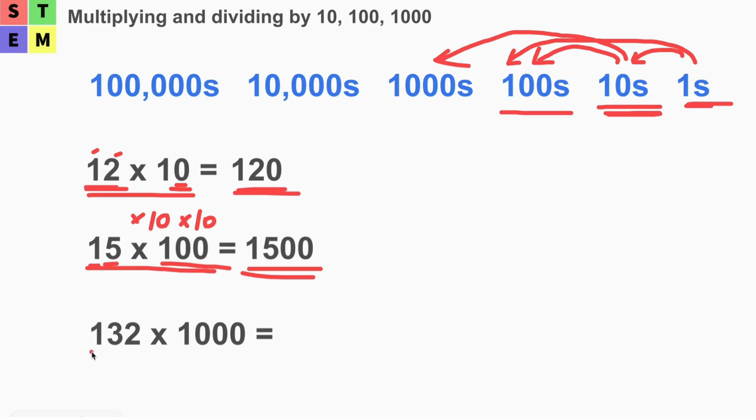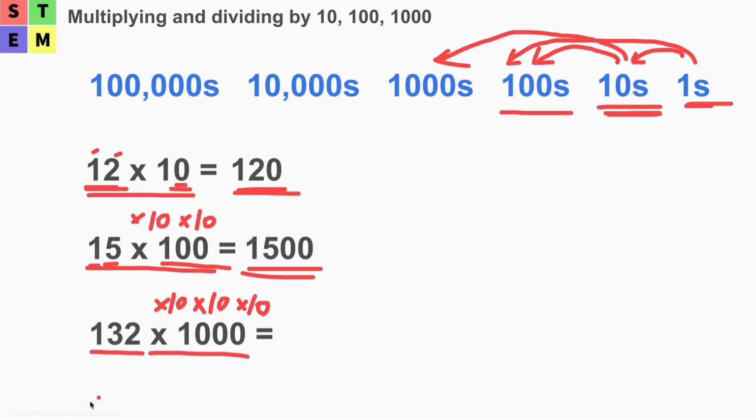And when we are trying to times 1,000, let's see what happens. We have 132 times 1,000. So 1,000 equals what? Times 10, times 10, times 10. That's why we are going to shift 3 places.